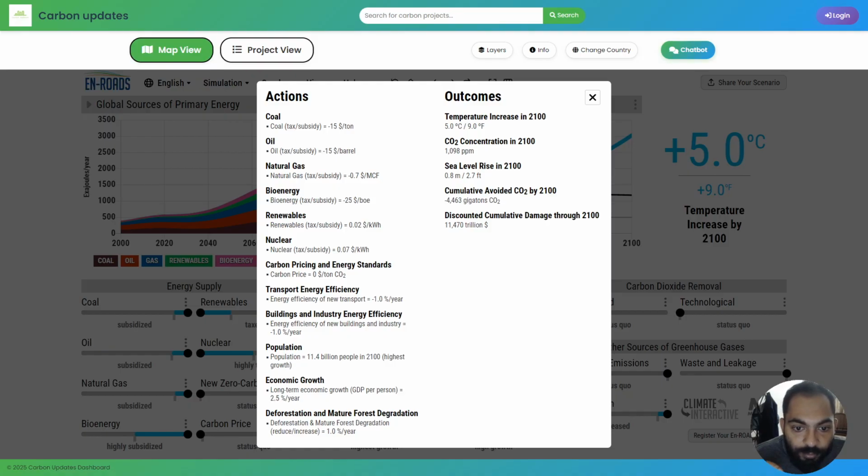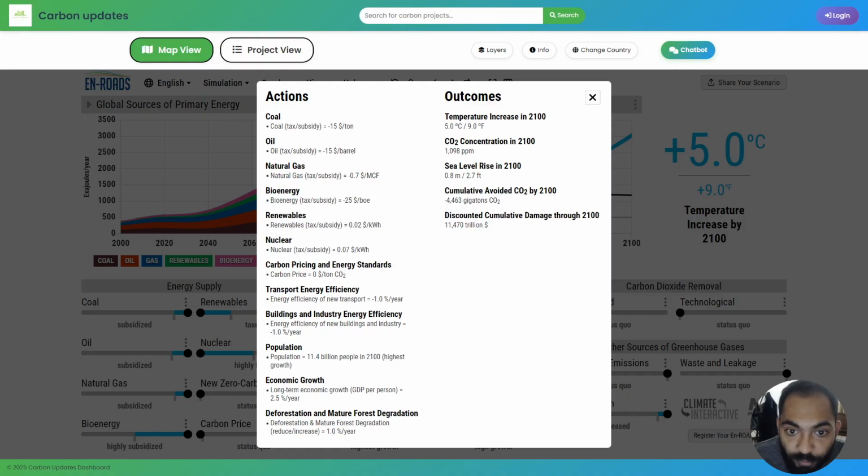We had decreased energy efficiency, which had decreased building energy efficiency. We had increased population up to 11.4 billion. And we had economic growth that was 2.5% a year of the global GDP. And deforestation increased by 1% per year. That's cumulative, right? There you can see temperature is increased up to 5 degrees Celsius, which is 9 degrees Fahrenheit, right?